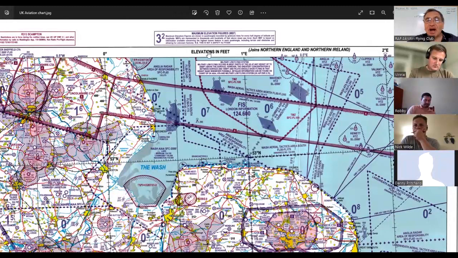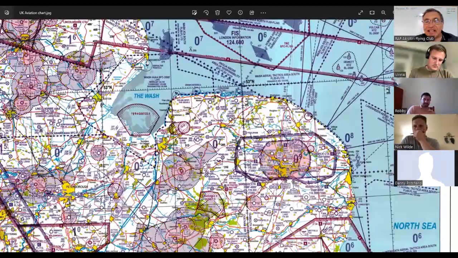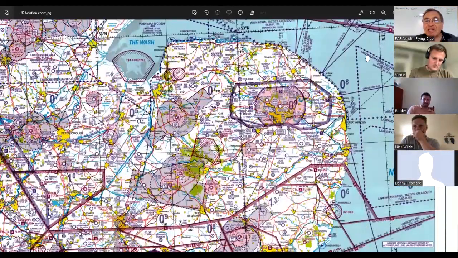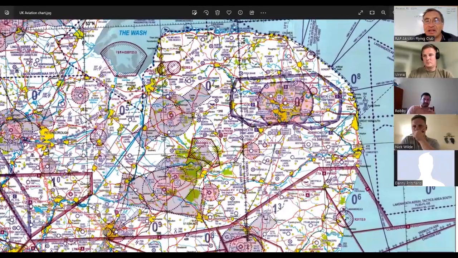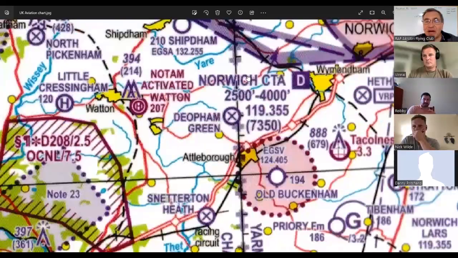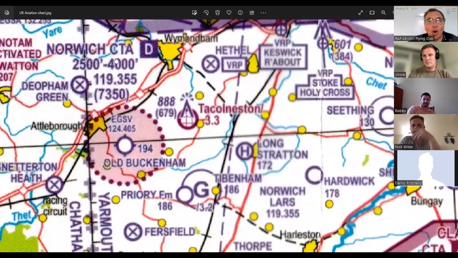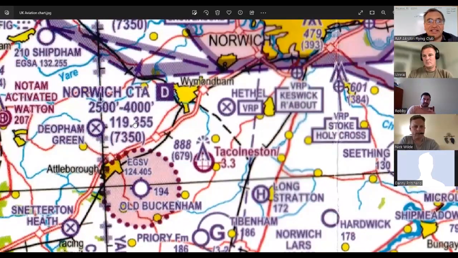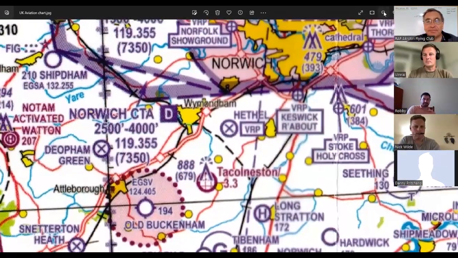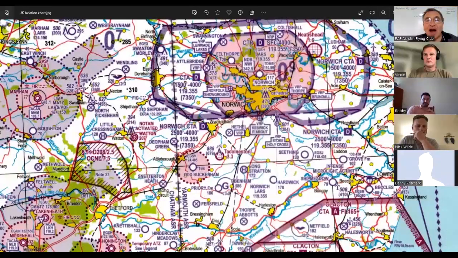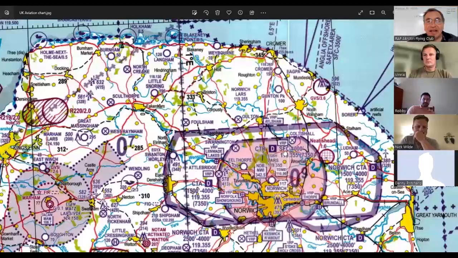So we know that 1 degree east is this big line here. So 1 degree east is there. So we know that it's 1 degree east. But how much east is it?